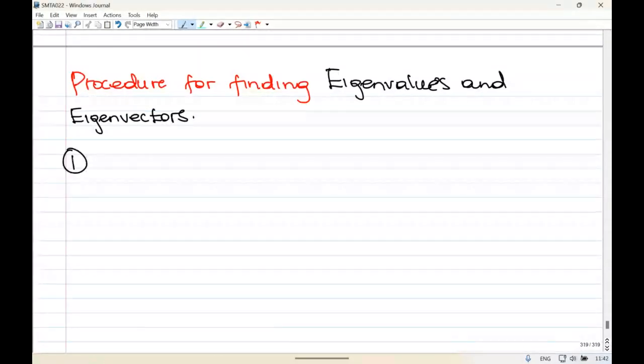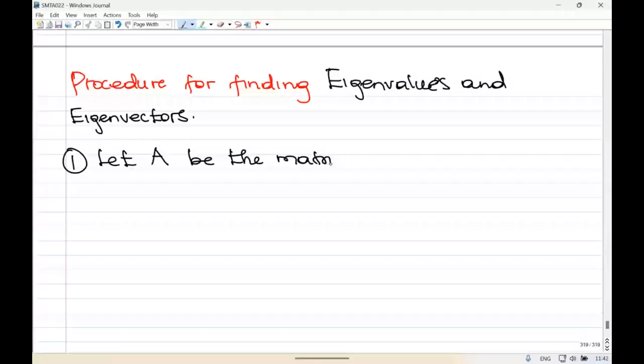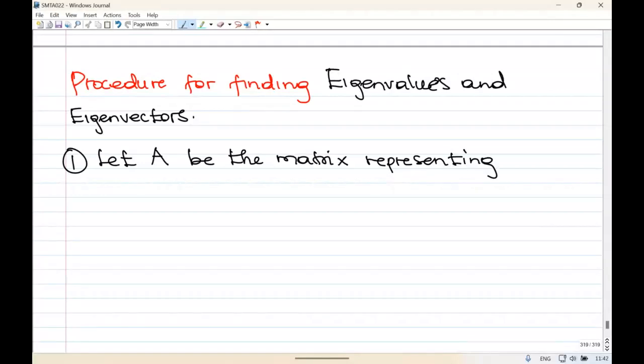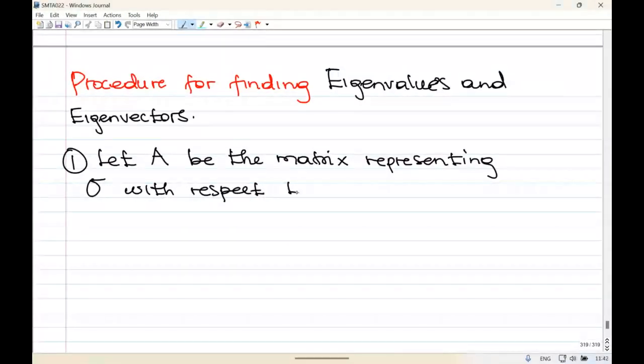Number one, remember you are dealing with a square matrix. Let A be the square matrix representing the sigma map that we defined when we defined the linear transformation, with respect to some basis.